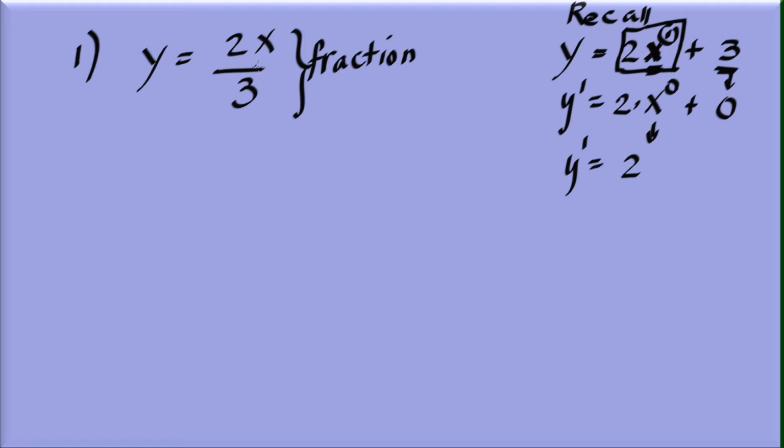Just like in this example, although this is a fraction, our variable x is in the numerator and our denominator is just a constant 3. So you can also clearly see that if I set this 2/3 apart, times the x, 2/3 is like a coefficient of x, meaning its derivative is just 2 over 3.